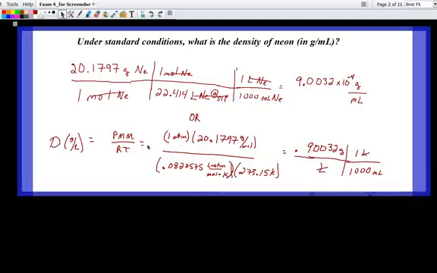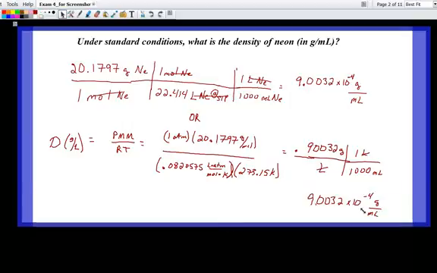I used a pressure of 1 atmosphere, the molar mass from the previous problem, the R that goes with atmospheres, and standard temperature. And I got this in grams per liter. I converted it to grams per milliliter, and it comes out to be the same thing. Either way would get you to the same spot, is what I'm trying to say. So that's one question that you could see on your final.